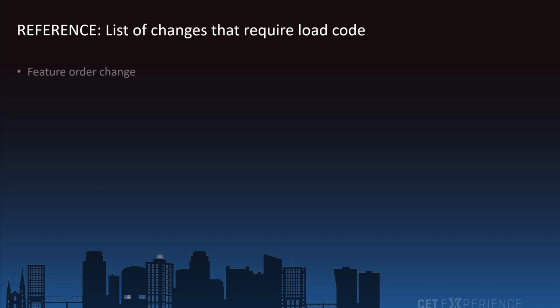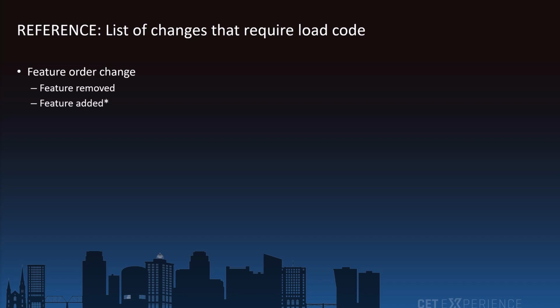So first, your feature order changing on a product. That means your top level features or your sub-level features, their order, their structure is different, and now the indexes will be altered. This can include features being removed, features being added, and I added, let me go back.